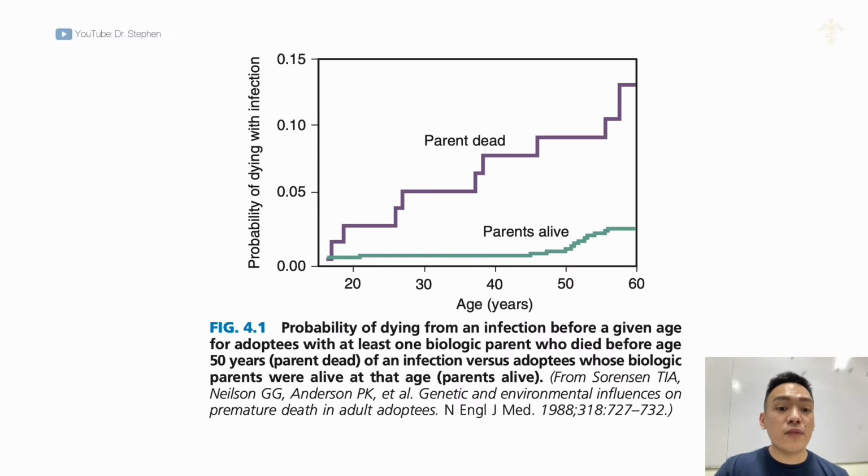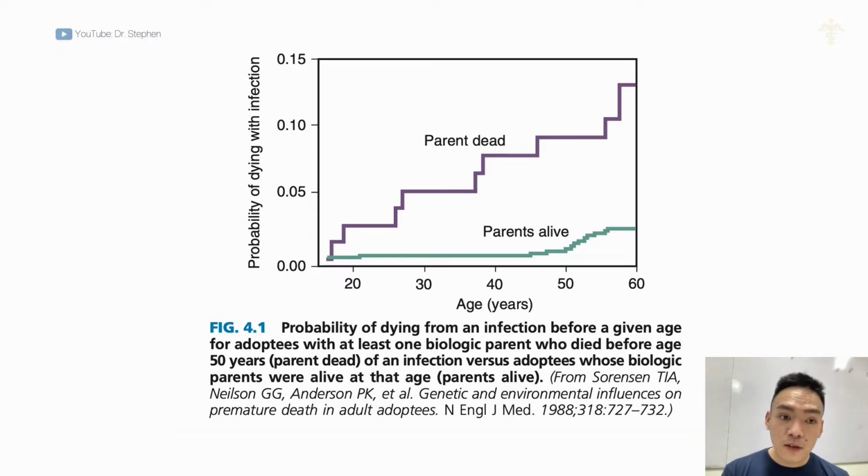This is a case of the probability of dying from an infection before a given age for adoptees with at least one biologic parent who died before age 50 years old, a parent dead of an infection, versus the adoptees whose biologic parents were alive at the age. So we have the parents alive. This shows that there could be an environmental or genetic factor that intervenes with this kind of graph.